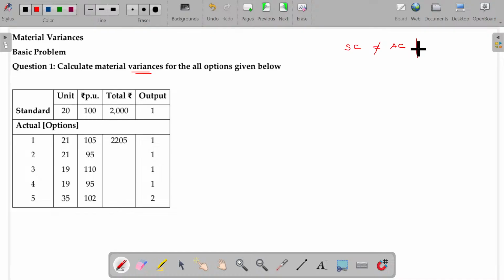Now, you have to find out the reason for the mismatch. Maybe due to excess consumption of the material or change in the price. Quantity related or price related.